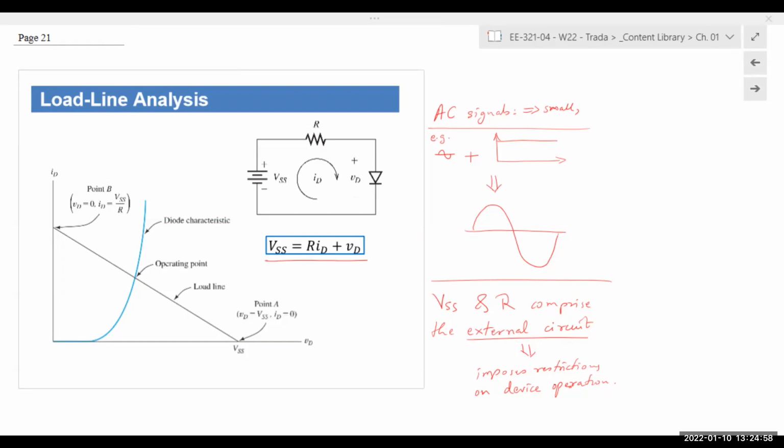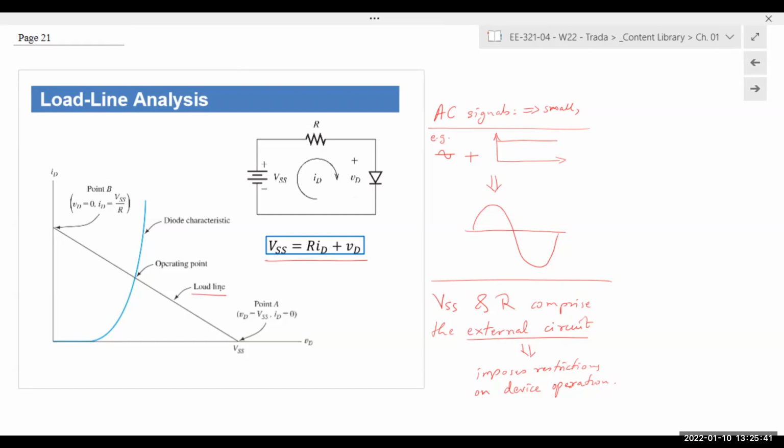If we plug in VD as 0, we get ID equal to VSS divided by R. And when we plug in ID equal to 0, we get VSS equal to VD. So we get one point up here, the other point up here. You join those two points and you get a line. That line is the load line right here.